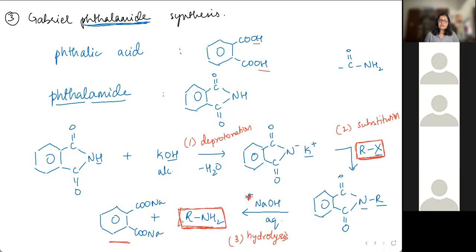And highlight this so that you have that clarity that your final amine, what amine you get, depends on what alkyl halide you take in this second step substitution process. So if you have questions based on that, like you can, yeah.